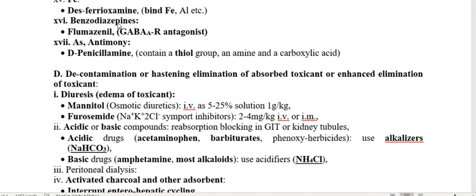Again, I am going to repeat the same thing. Benzodiazepines like diazepam act on the GABA A receptor, and therefore prolong the action of GABA on the chloride channel, and therefore inhibitory type of activity occurs in the poisoned animal.